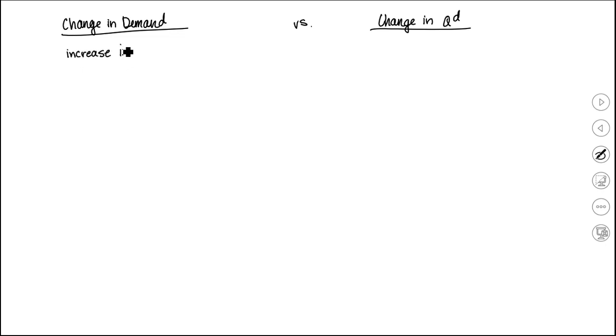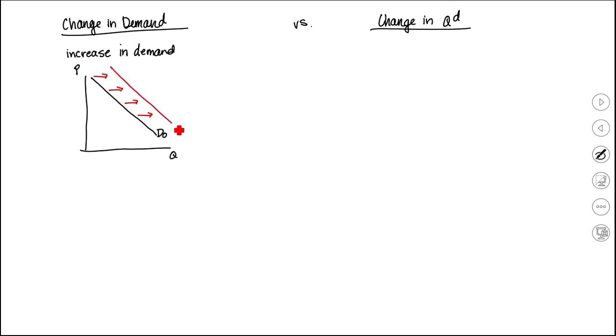So let's draw an increase in demand. Let's say we're starting with demand curve D0, and then across all prices, for whatever reason, we like this better than before, so our preferences are stronger, whatever the reason, we're willing to consume more than before at every price.